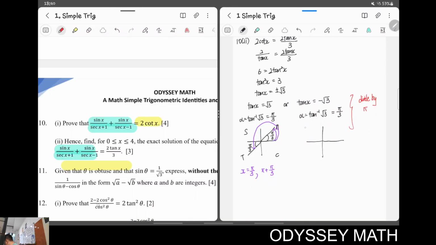So we are in the second and the fourth quadrant. You got it? So we have pi over 3 here and pi over 3 here. So then the angle here would be pi minus pi over 3, 2 pi minus pi over 3.